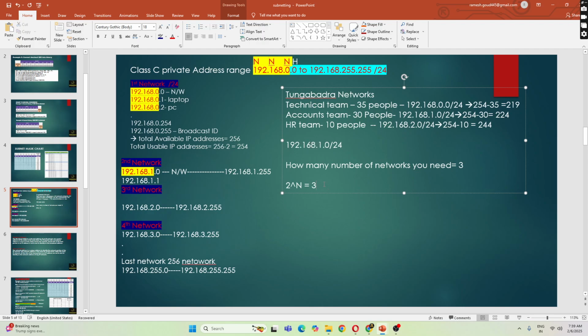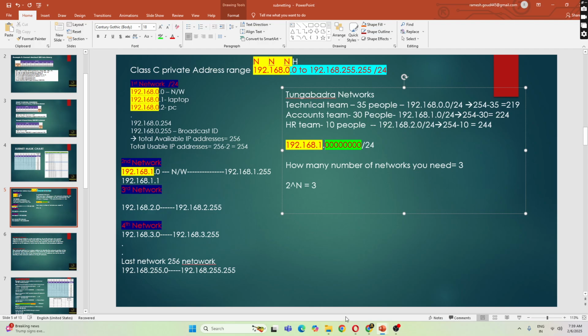Now listen carefully here. These are the network bits, which are fixed and cannot change. These are the host bits. There are 8 host bits, like 00000000. Guys, understood?